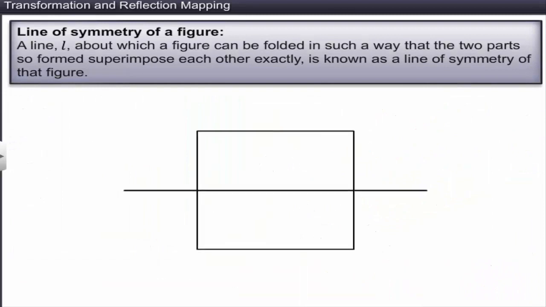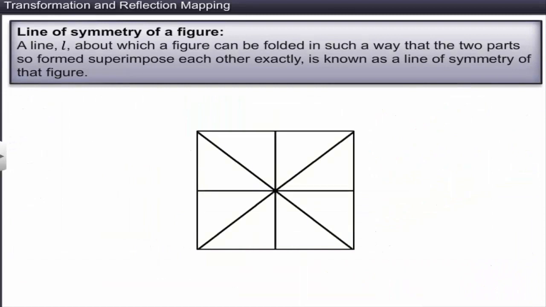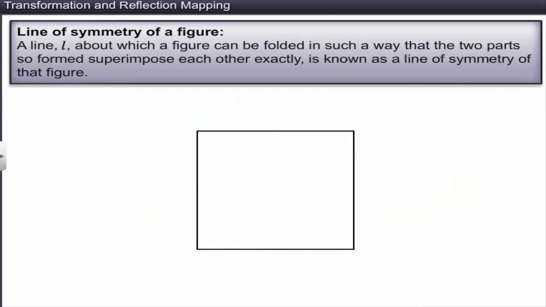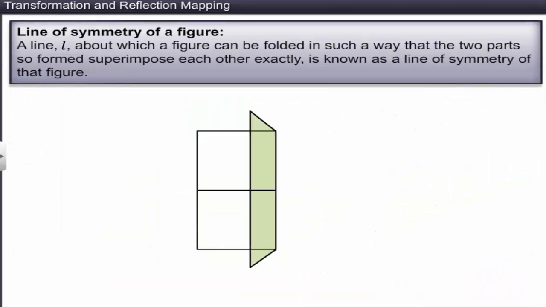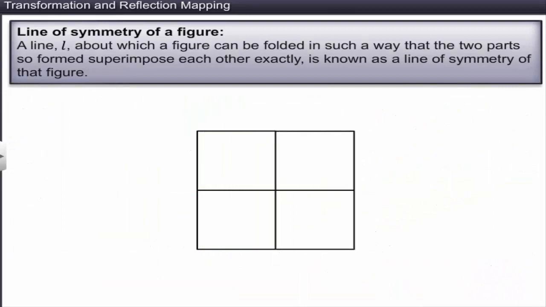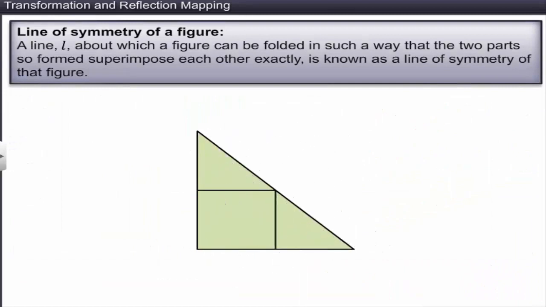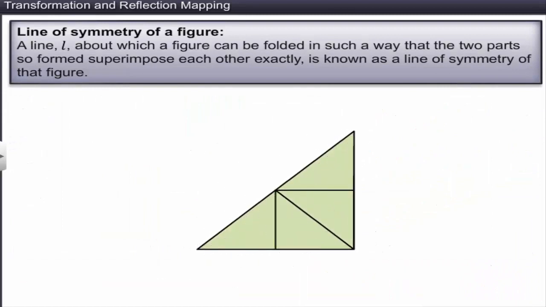If we fold it along the line shown, observe that its two parts superimpose each other exactly. The square has three more lines of symmetry, which are as shown. Upon folding it along the other lines of symmetry, observe that the two parts completely superimpose each other. So a square has four lines of symmetry.